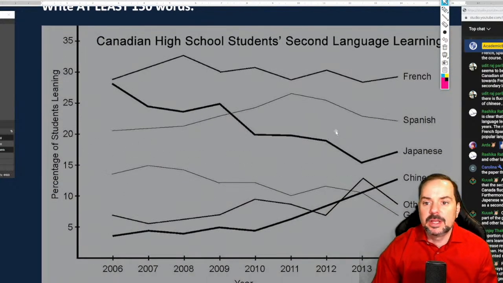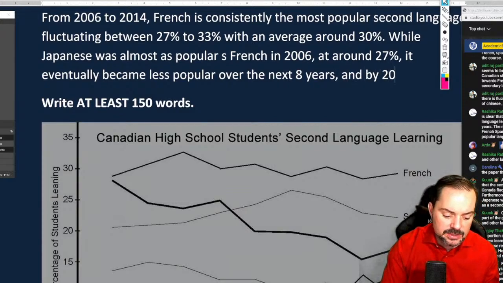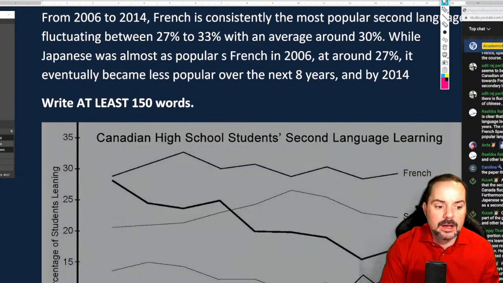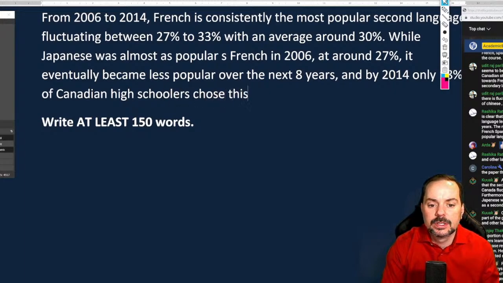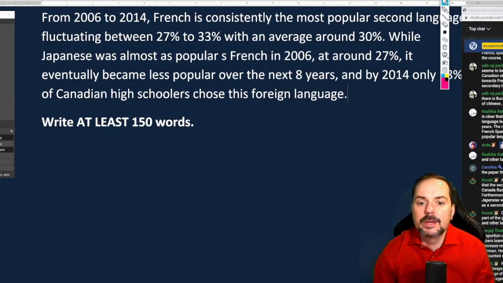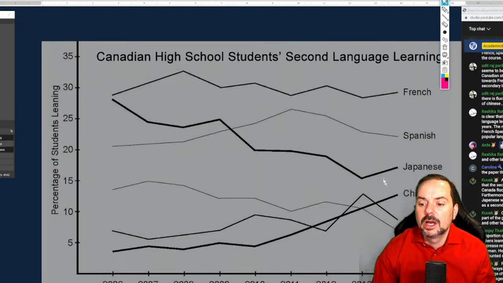And then here it's about 18%, 8 years. And by 2014, only 18% of Canadian high schoolers chose this foreign language. Okay. All right. And that takes care of number 2, which was Japanese.